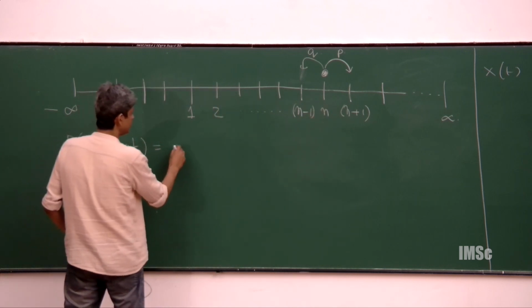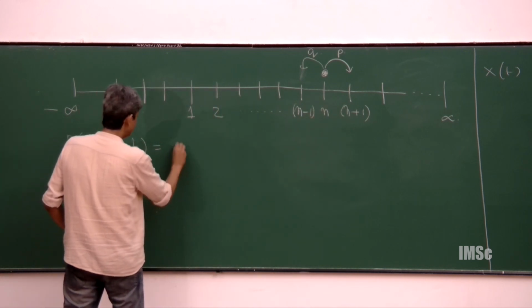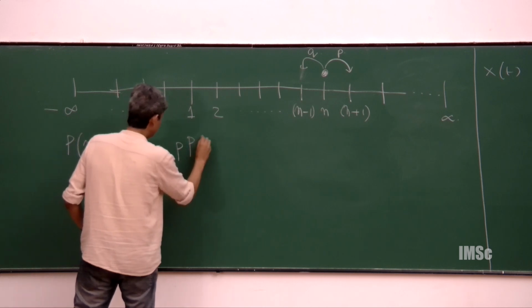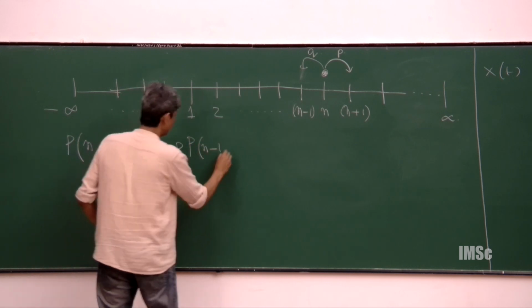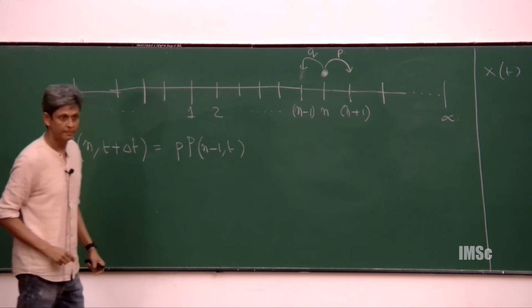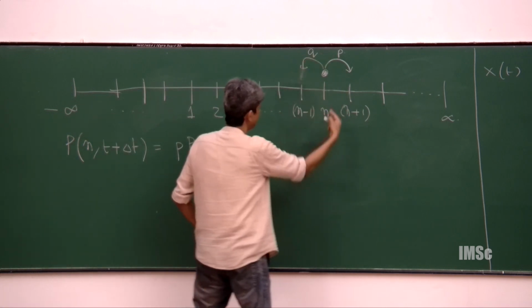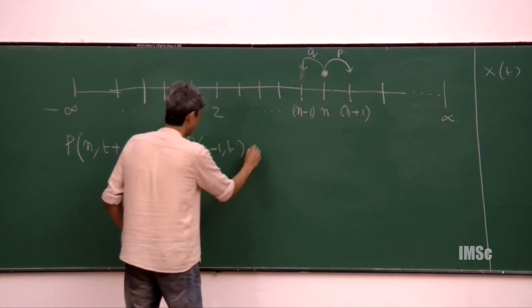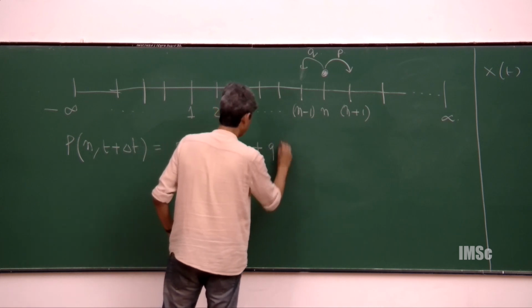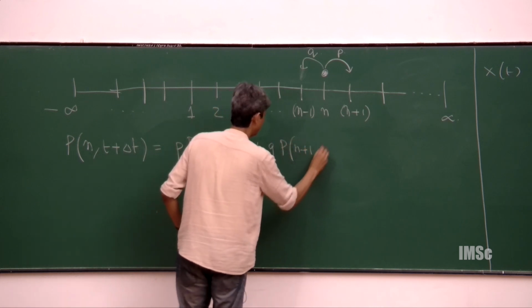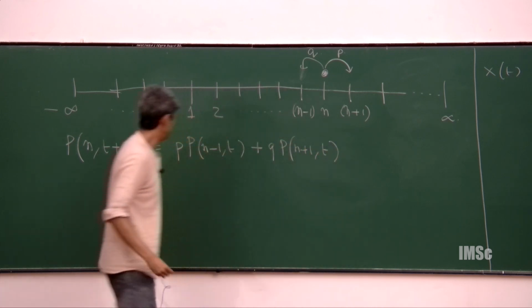So I should write small p times P n minus 1 t. It could have been at n plus 1, and with a probability q it hopped and got to n. Anything else?